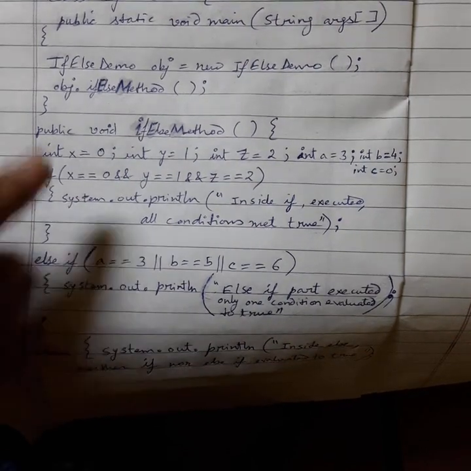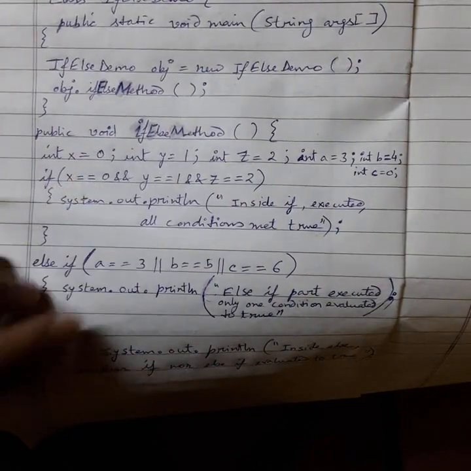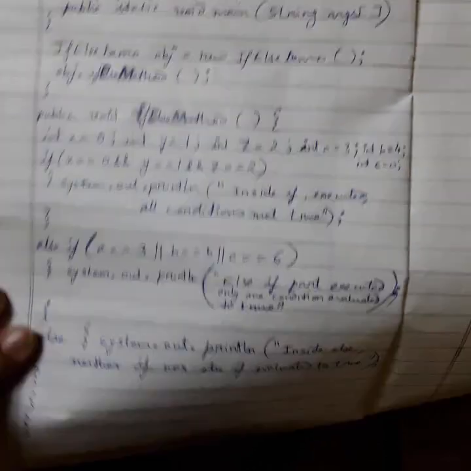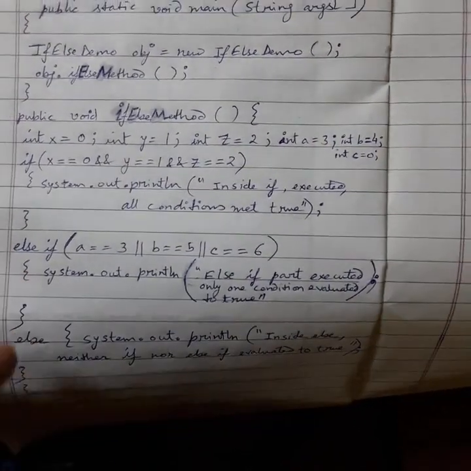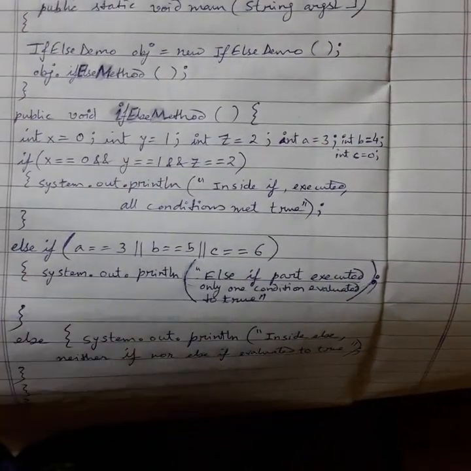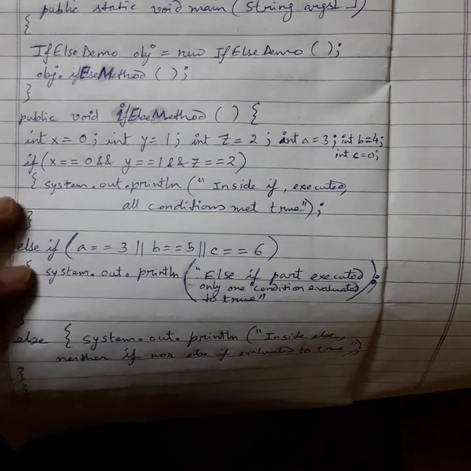Or else, if none of them evaluate to be true, then come to the else part and execute the else part. That is, in simple terms, how the control flows.